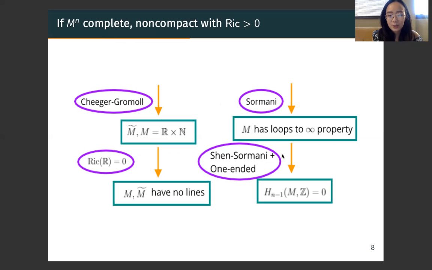And then by Shen-Sormani results about it being one-ended, the n-1 integer homology must be 0. So that's the Ricci positive case of the Shen-Sormani theorem.